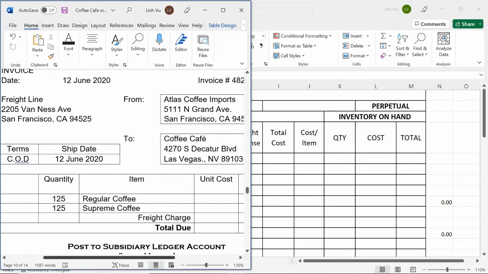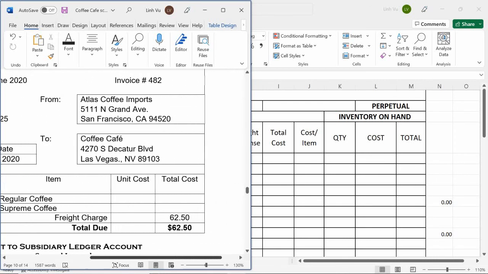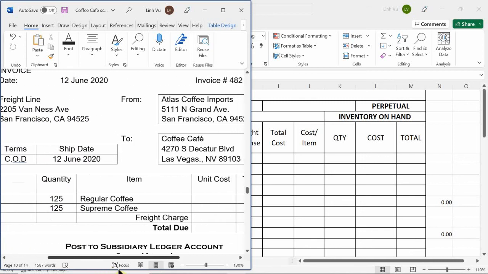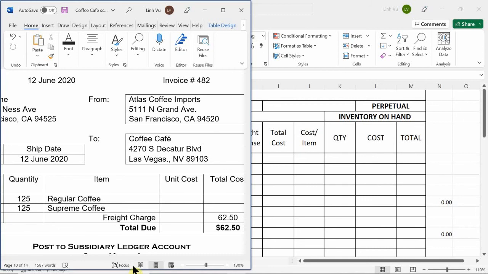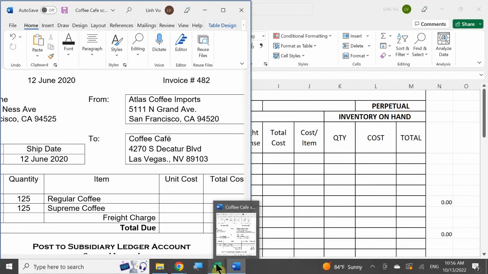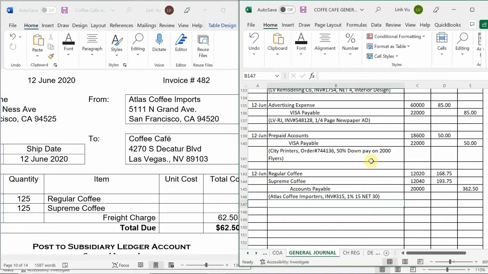And here they wrote that the shipping cost was a total of $62.50. Now, if each of my coffees were 125 pounds each, how do I split my freight? You would split it 50-50.